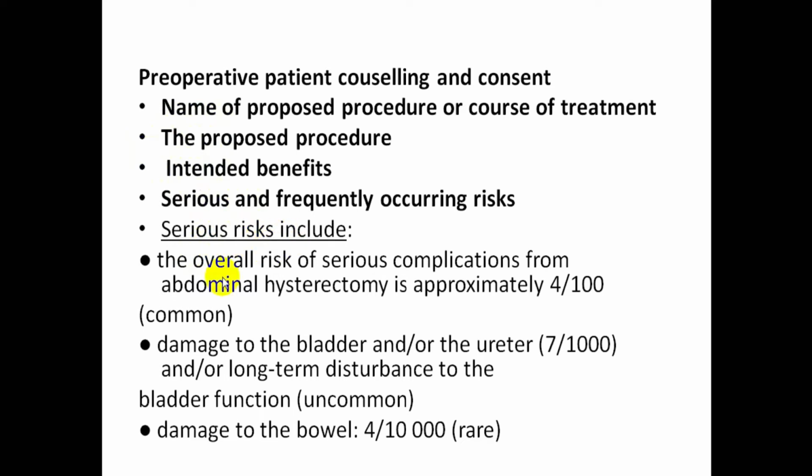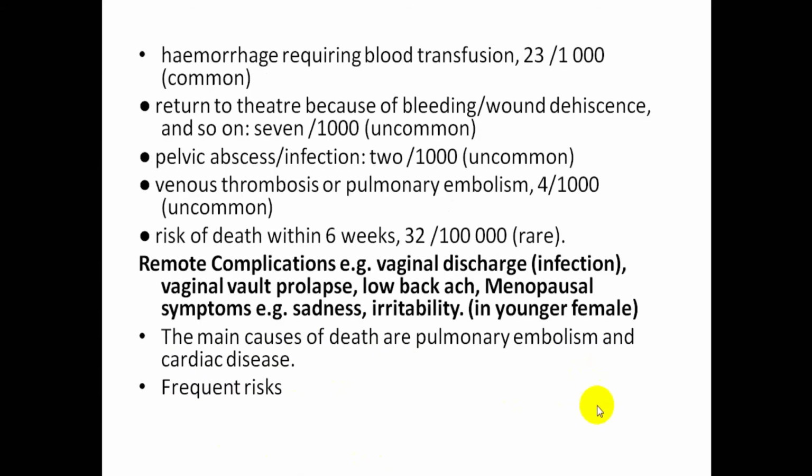Serious risks include the overall risk of serious complication as in abdominal hysterectomy, damage to the bladder, long-term disturbance to the bowel, bladder dysfunction, and damage to the bowel. Hemorrhage requiring blood transfusion, return to theater because of bleeding, maybe wound healing problems, or any other complication of any surgery. Pelvic abscess, venous thrombosis, risk of death within 6 weeks.